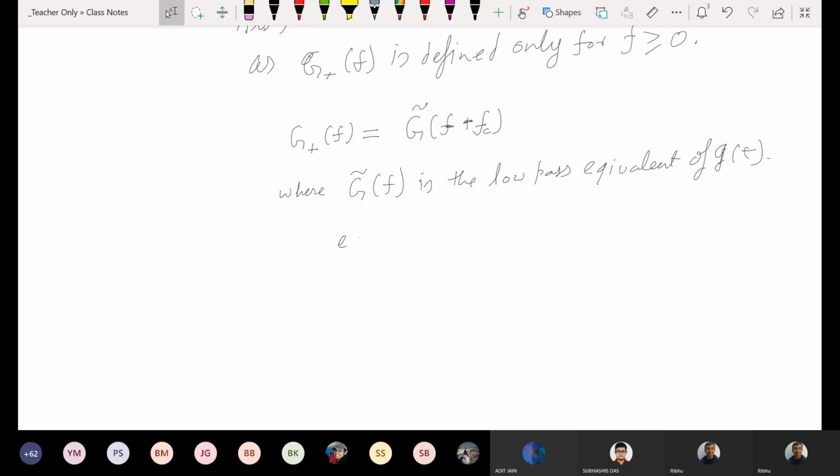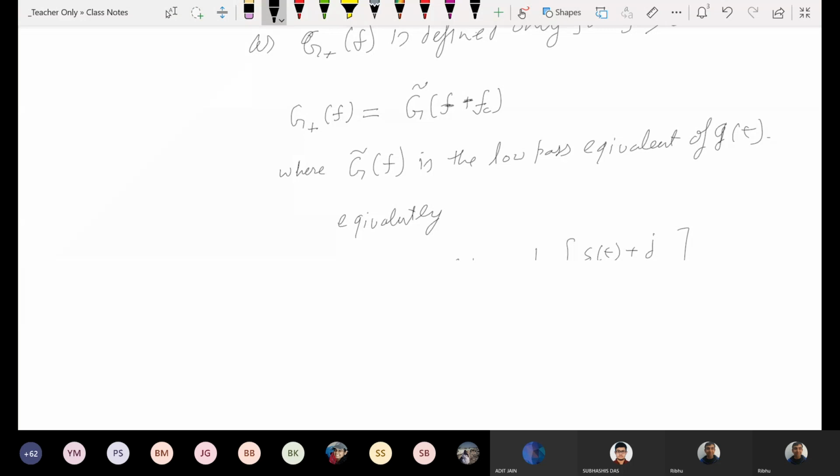Equivalently, g plus of t equals half of delta of t plus j over pi t convolved with g of t. Fine.